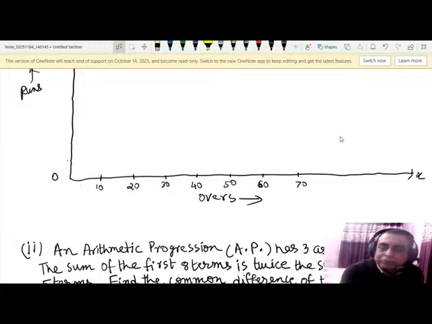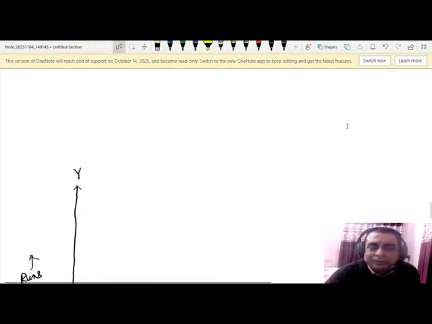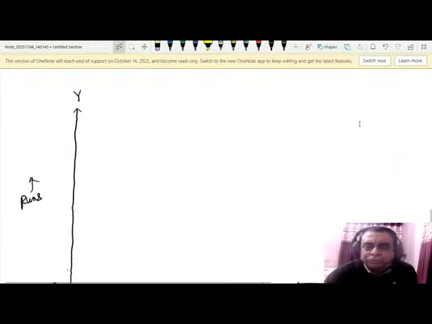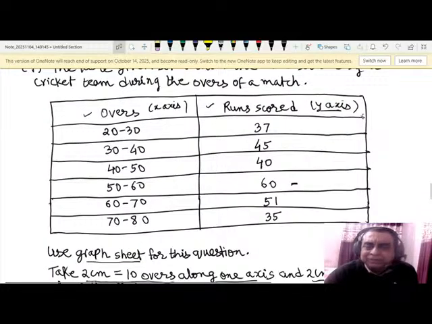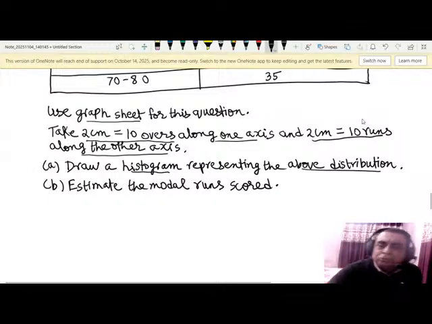Up to 80 you make the mark, and between every two marks, 0 to 10, 10 to 20, 30 to 40, 40 to 50, 50 to 60, 60 to 70, 70 to 80, you have to take a 2 centimeter gap. And for 10 runs, we are told 2 centimeters.